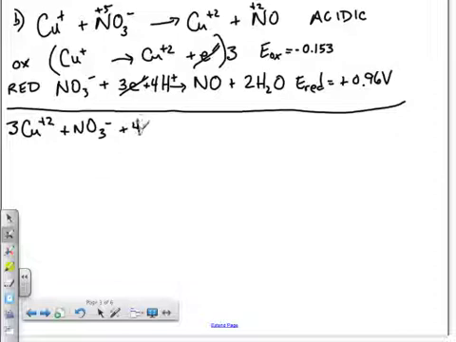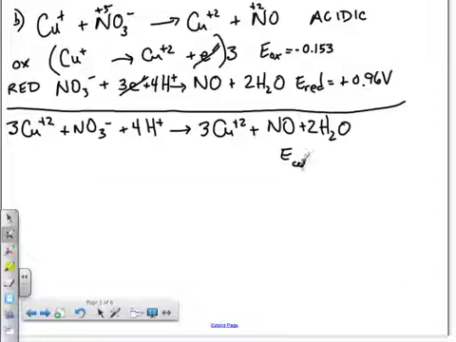Plus 4H plus makes 3 copper(II) plus NO plus 2 waters, and adding my two E's, I end up with an E cell of 0.807 volts, and that's positive. So it's a spontaneous combination.